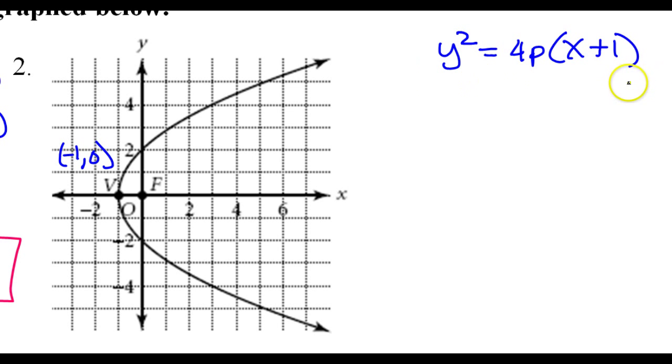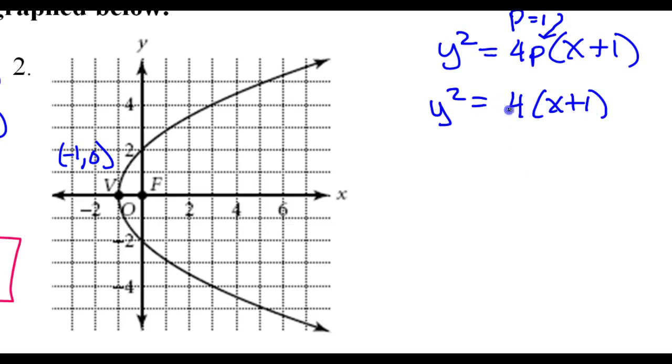Alright, so this is what we have so far. Now the p-value is the distance from the vertex to the focus. Okay, so the p-value is 1. So if we plug in 1, then that's going to give us y squared is equal to 4 times (x plus 1).